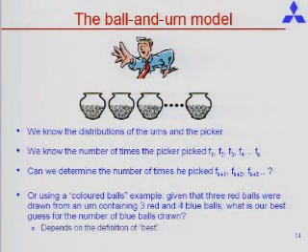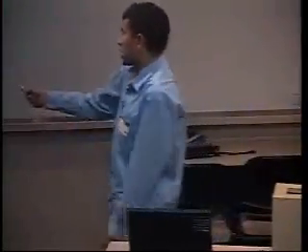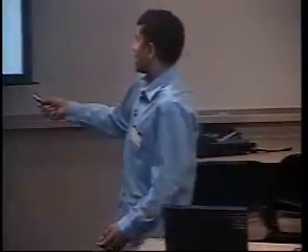We can look at this from the ball and urn perspective. Let's say that we know the exact distribution of all frequencies and all the urns that the speaker uses to generate a spectrum. And within each urn, he's got all frequencies, all the way from 20 hertz to 15 kilohertz, everything that we're interested in. And let's assume we also know the relative frequencies with which he picks the urns to select the balls to generate the spectrum.